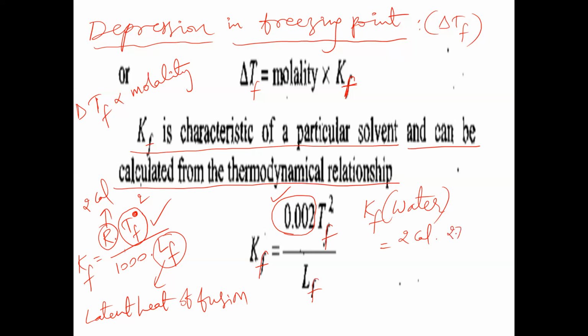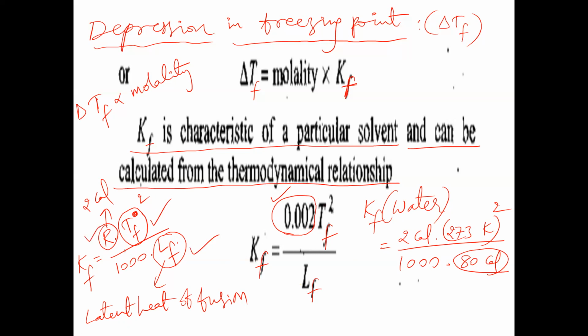So 273 Kelvin square divided by 1000 into the LF value, that is the latent heat of fusion of water, which is 80 calories. What is the LF value of water? 80. As we have taken the LF value in calories, the R value is taken in calories.